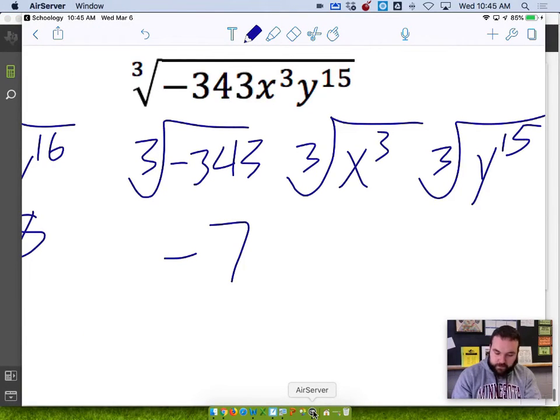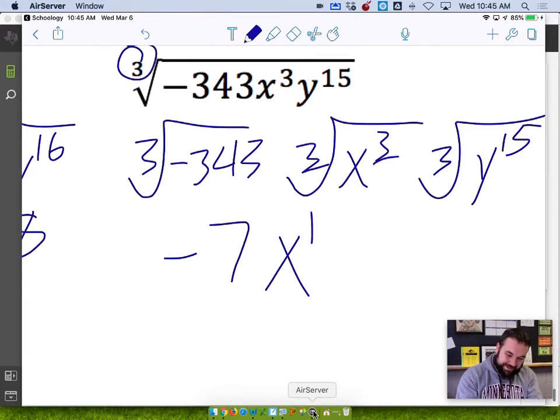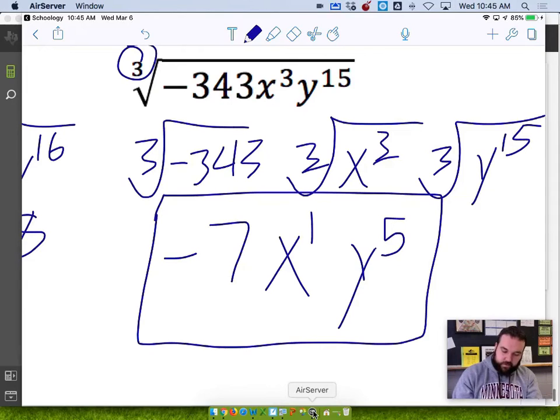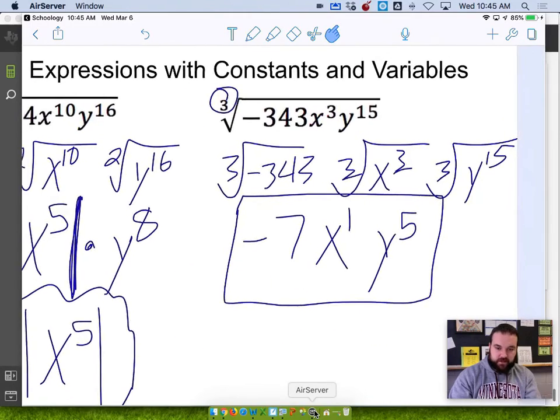The third root of x to the 3rd, if I take power and divide by index, I get x to the 1st. But because the index was odd, I don't have to worry about absolute value at all for this problem. And then 15 divided by 3 is 5, so that is x to the 1st and y to the 5th. Absolute value is just something that doesn't have to come into play.